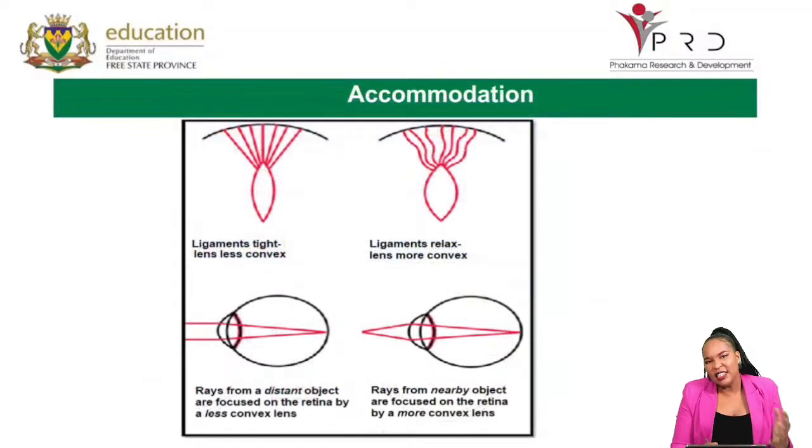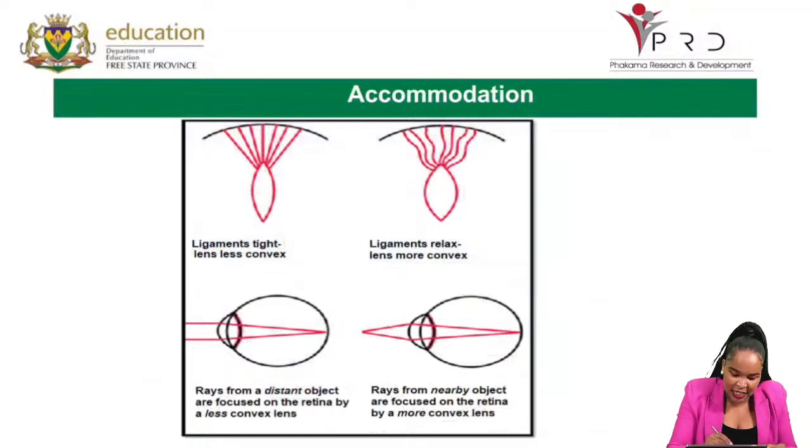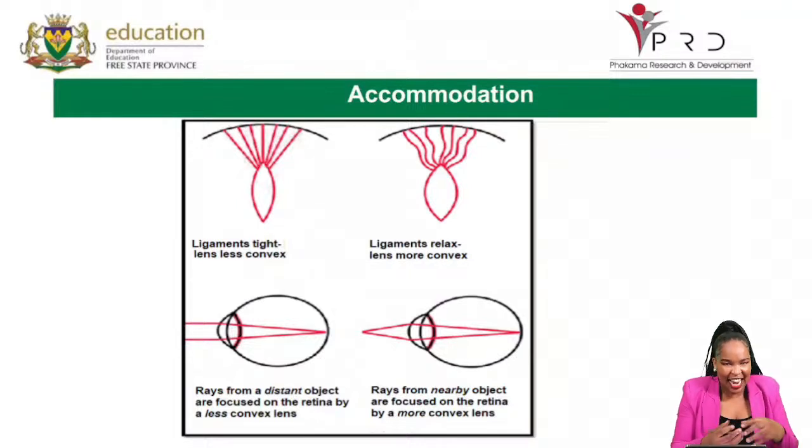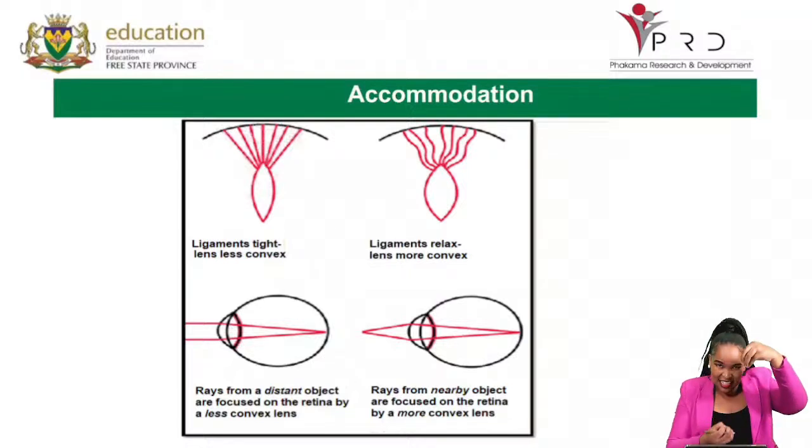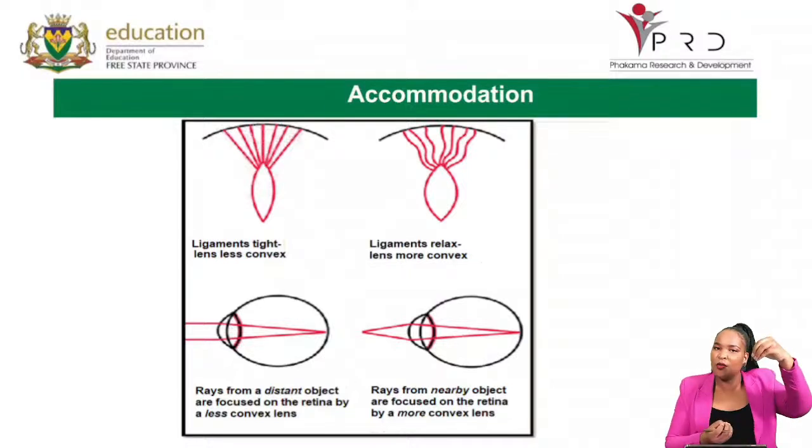Right. So let us take a look at these diagrams to see actually what is happening to the lens and the suspensory ligaments. The red lines here are representing the suspensory ligaments. When the suspensory ligaments are tight, the lens stretches, and it becomes less convex.